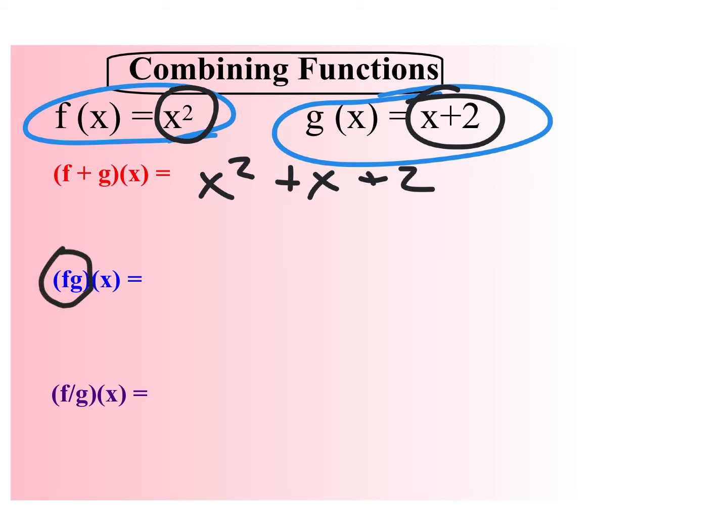F times g. So we're just going to take this one times this one. Be careful, far more mistakes are made here. Okay, so f times g, I got to go this one times this, and then separately times that.